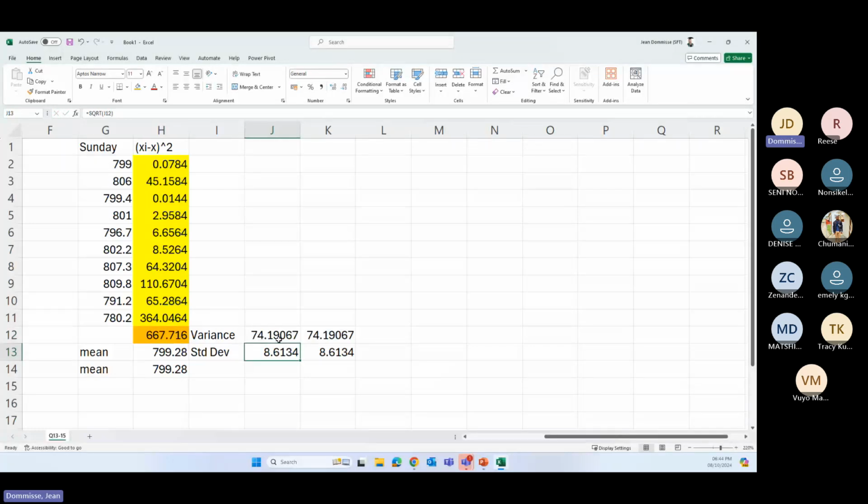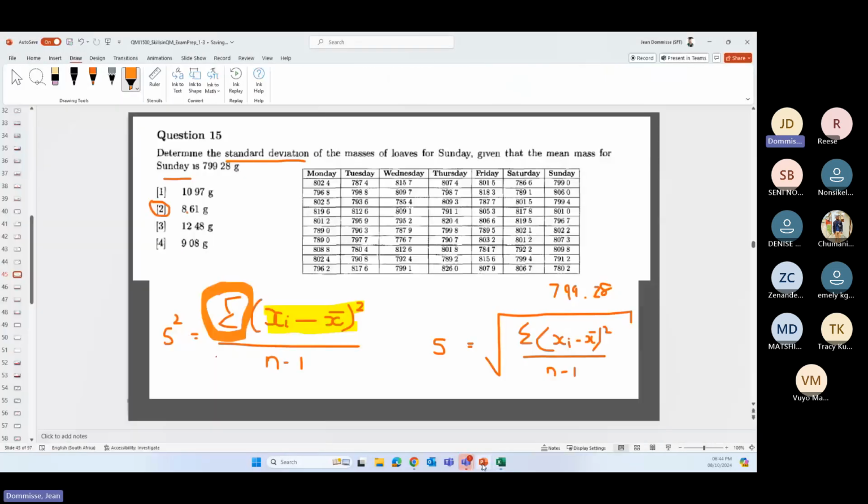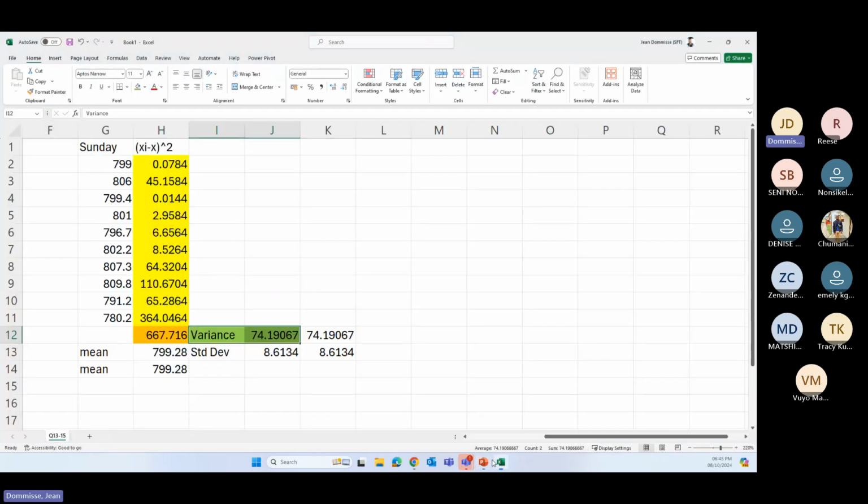And you will see that variance, and let's give it green, is now there where we set that whole thing divided by n minus 1. Okay, so that is the variance we've now calculated there.